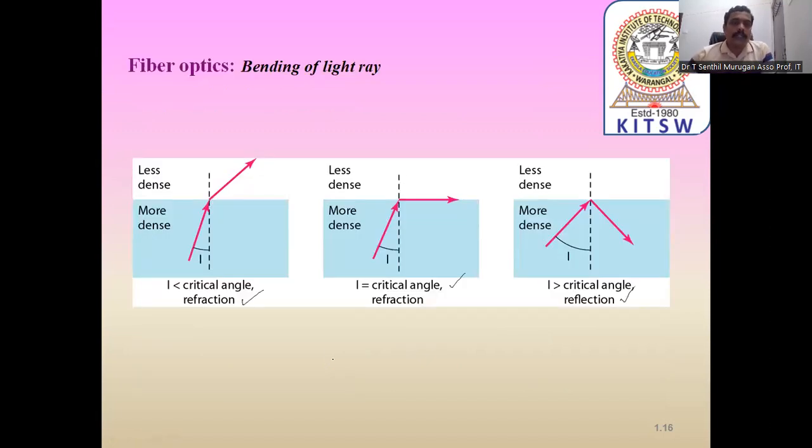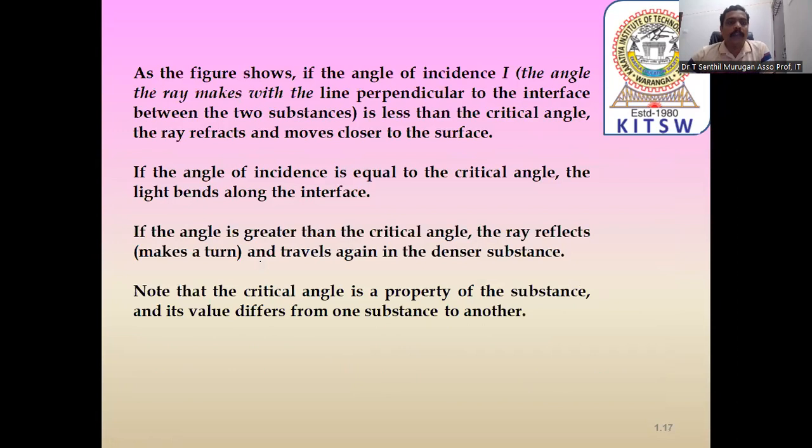According to the density of the medium, it will work accordingly. The figure shows that I is the angle of incidence, the angle the ray makes with the line perpendicular to the interface between the two substances.